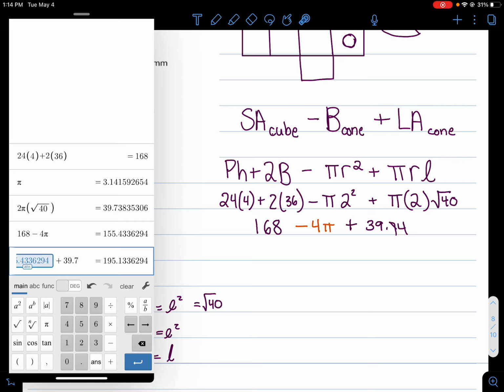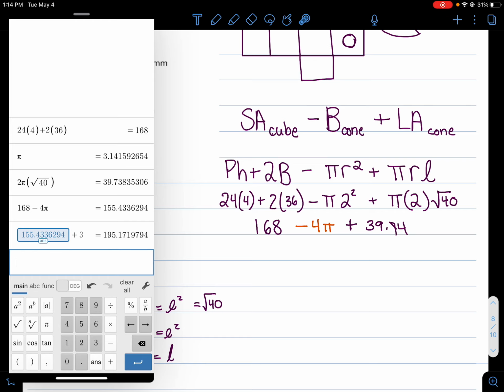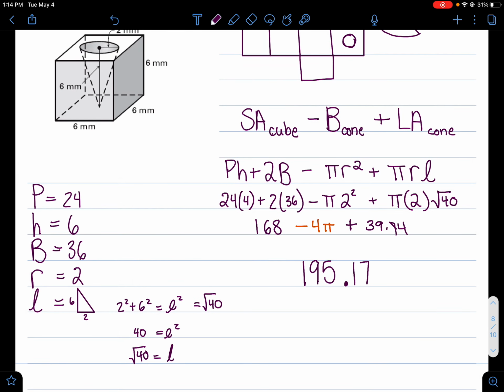So instead of 39.74, I'm going to say 39.73835. And that lets us know that our total surface area is 195.17. What's our units? Great job if you said millimeters squared.